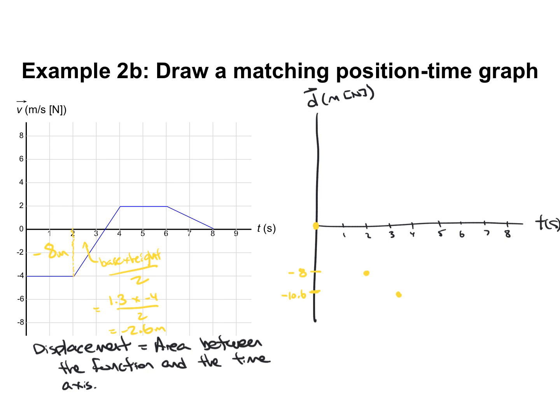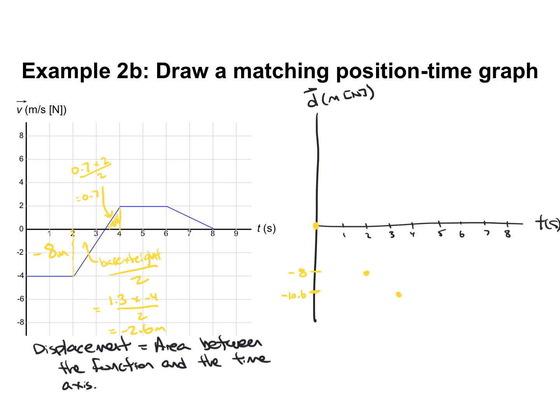Then we have this really tiny triangle. We're going to calculate the area. So base times height divided by 2 again. The base is 0.7. The height is 2. So base times height divided by 2 will equal 0.7.